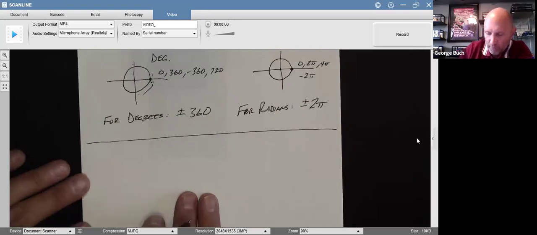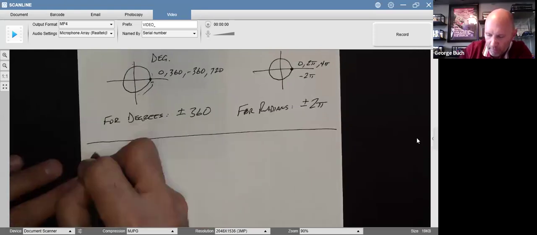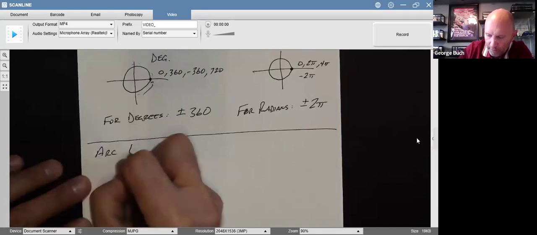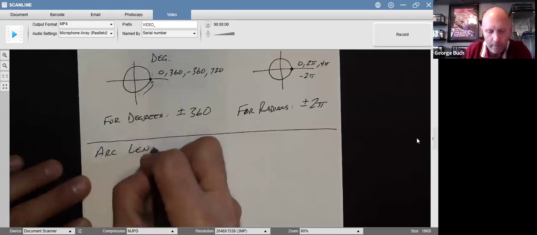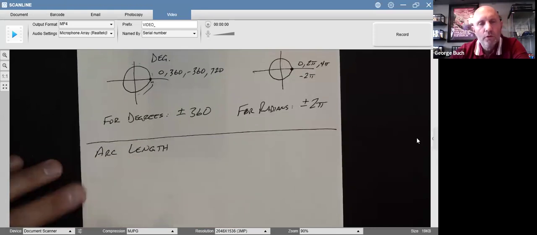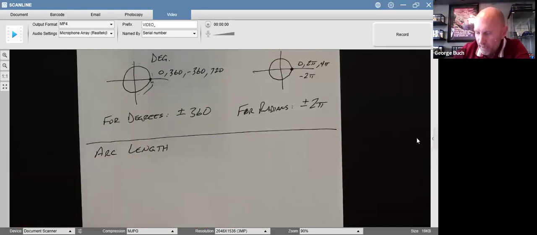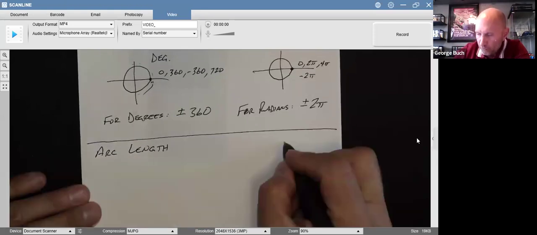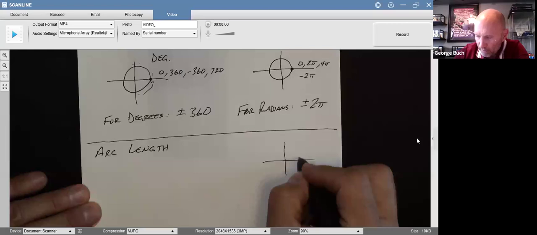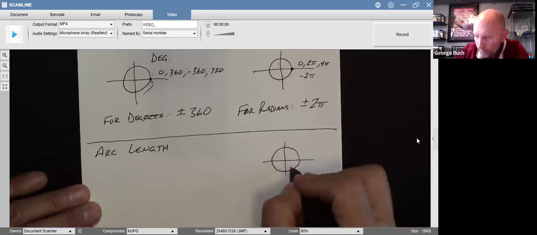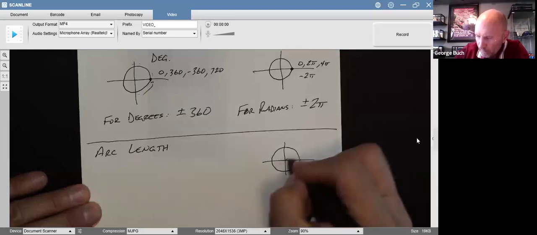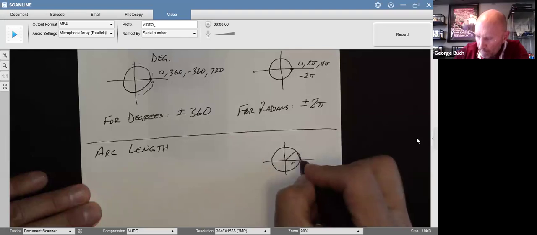All right, the next one is arc length. So this is if I have some circle, and it doesn't have to be a unit circle, it can have any given radius r. And let's say I want to know this distance here.